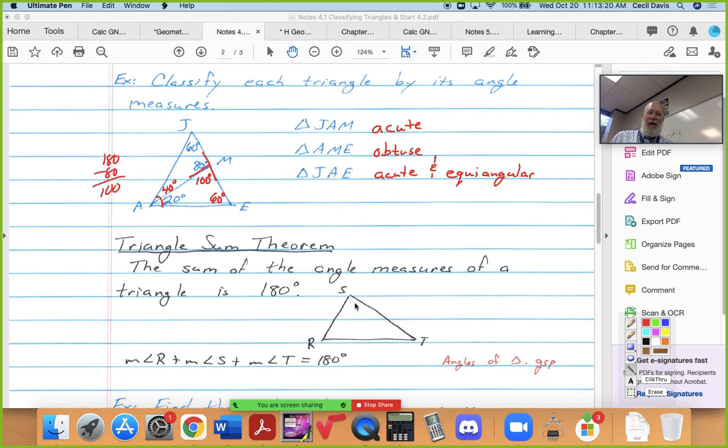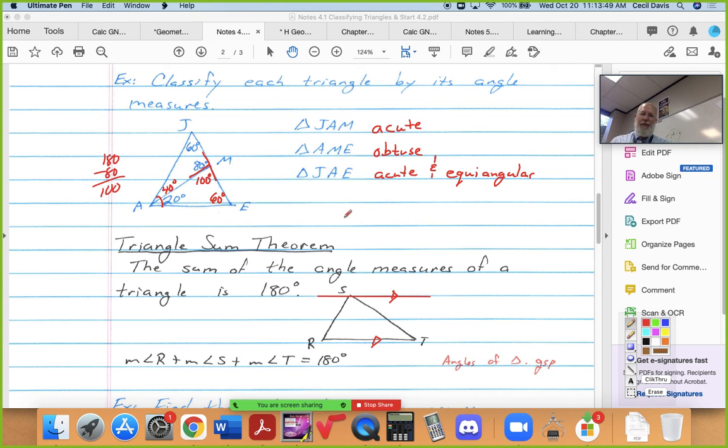So I'm going to draw a line that goes through point S that is parallel to RT. Does everybody sort of agree that that's something that you should be able to do? And is there going to be more than one line through S that's parallel to RT? No, it's just going to be just that one, right?